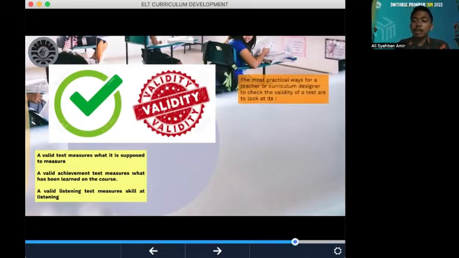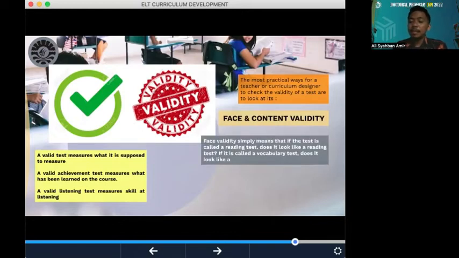The most practical ways for a teacher or a curriculum designer to check the validity of a test are just to look at its face validity and content validity. So what is face validity? Face validity is: if the test is called a reading test, does it look like a reading test?